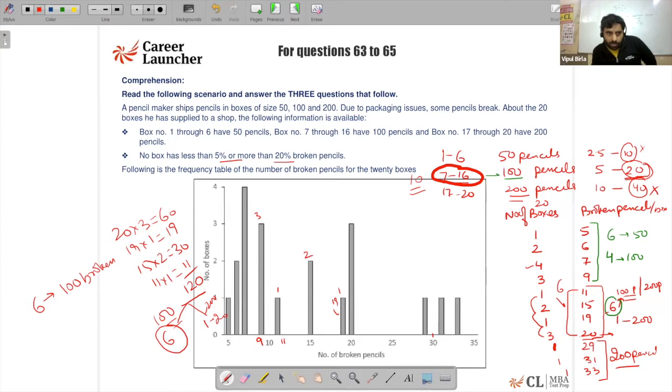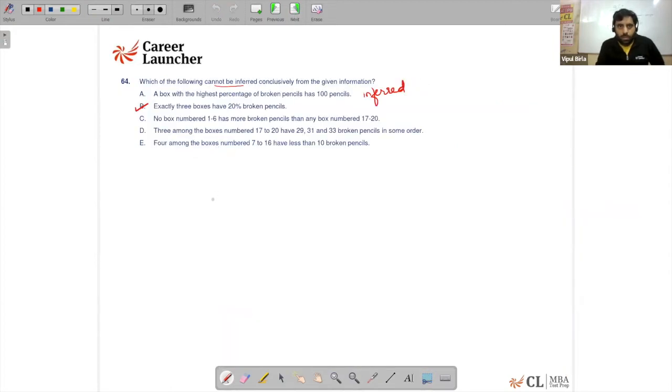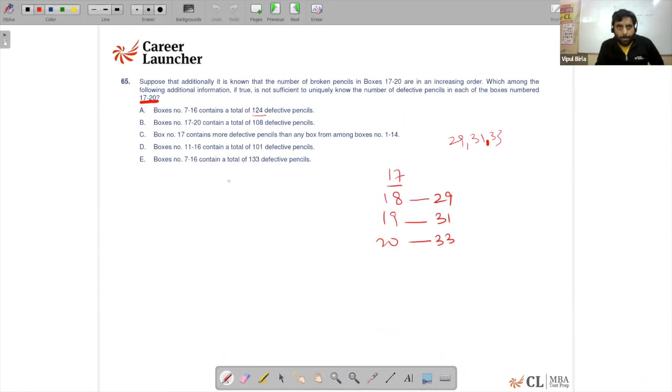So 100 broken pencils is the minimum value. So minimum 100, the 6 bags or boxes from 7 to 16 will have a minimum of 100 pencils.